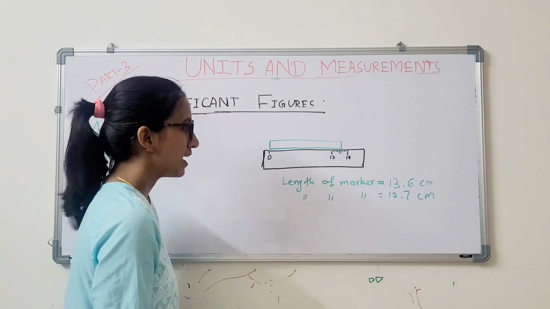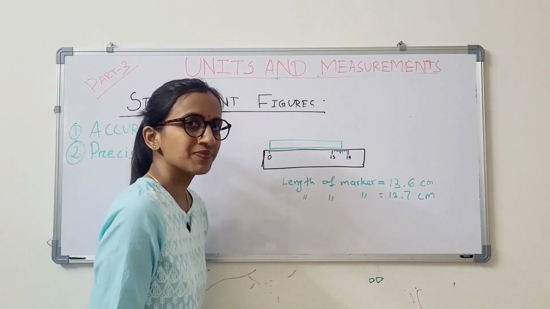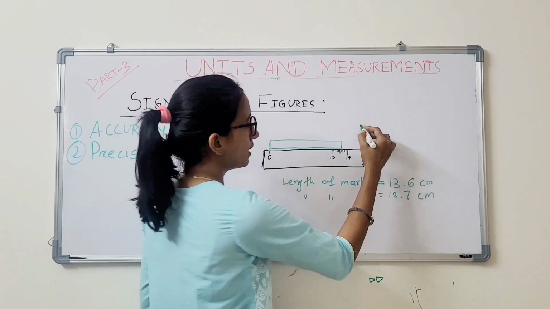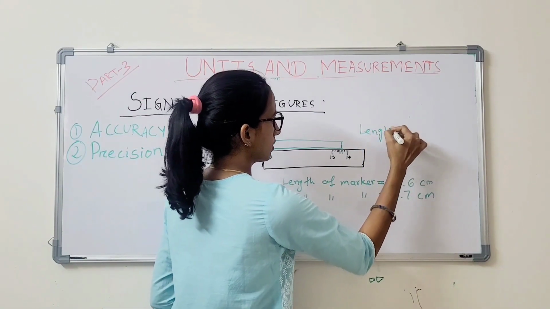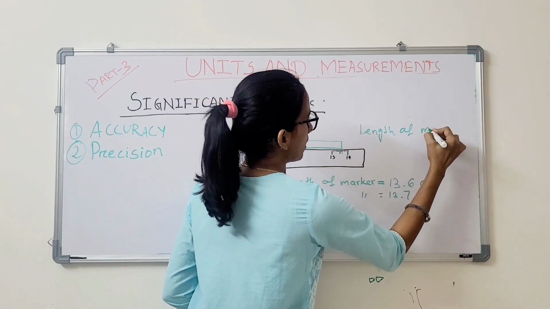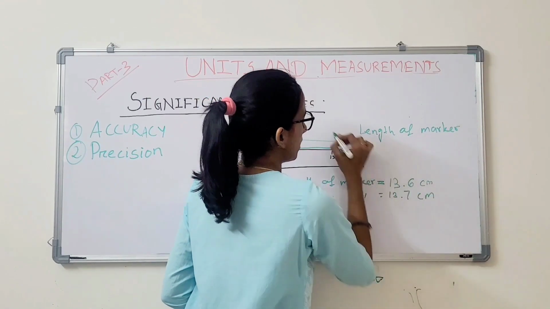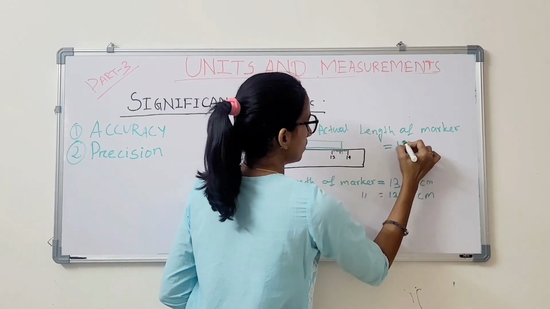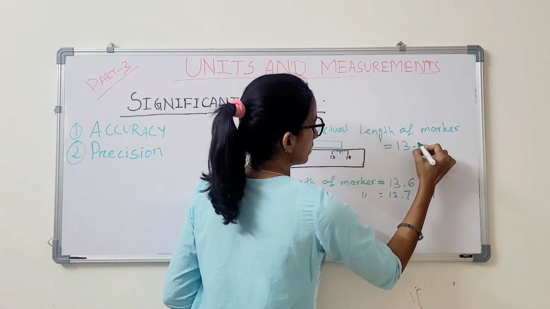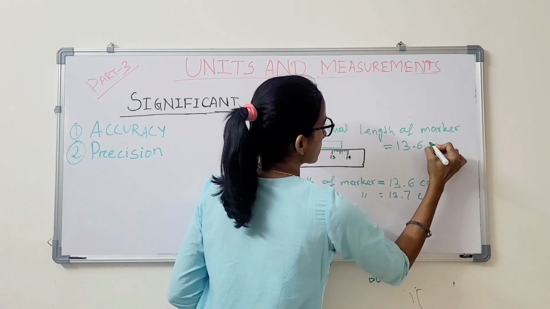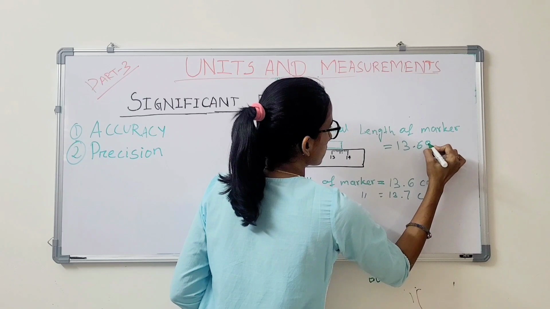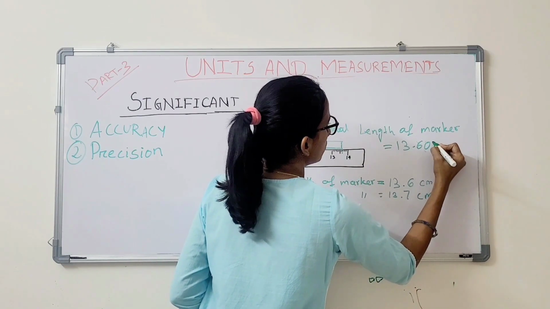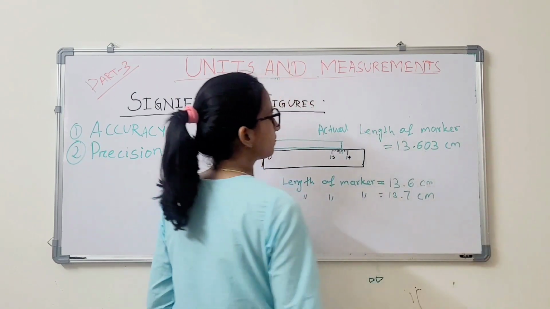Then my teacher came and told me that you both are wrong. The actual length of the marker is equal to 13.603 centimeter.